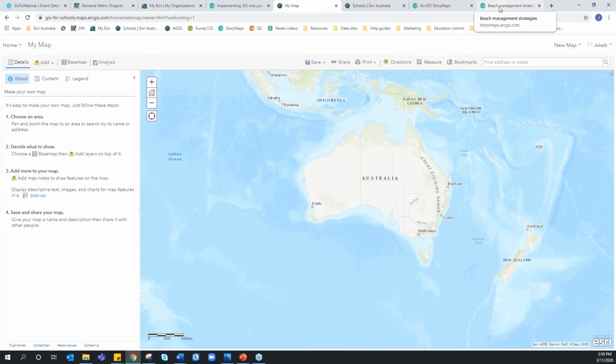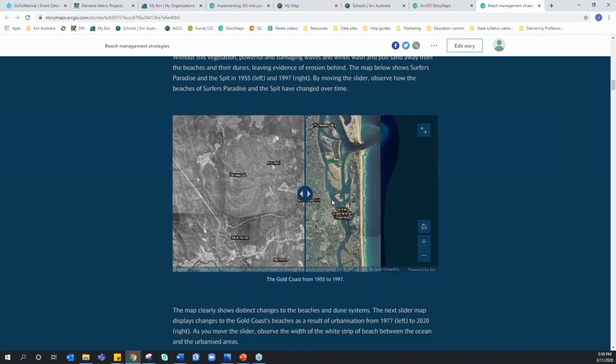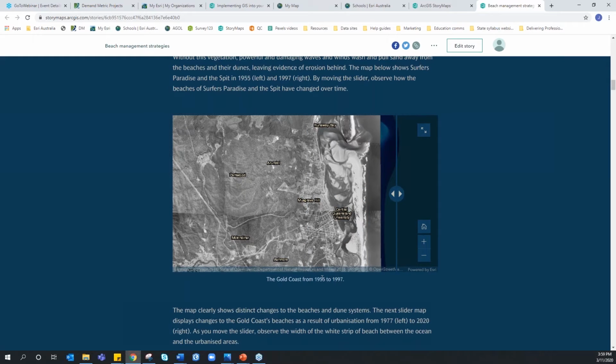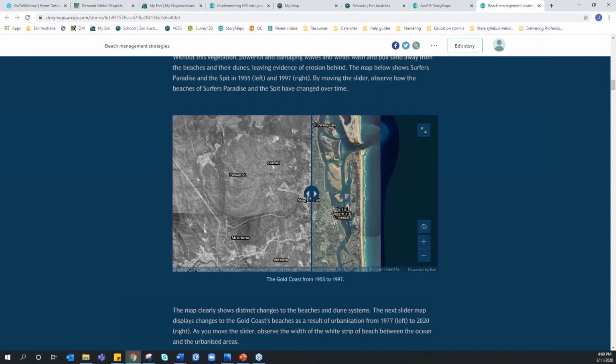When I was talking about land use and land cover, this is probably my favorite example. I found some satellite imagery from 1955, and this is the Spit region of the Gold Coast, and you can see all of the sand, all of the beach was there. And then if we move the slider across to 1999, we see that development has started to take place.